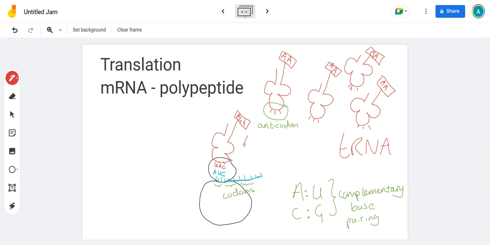So the next tRNA comes along and it binds to these three, and it carries with it another amino acid. And what happens is that these amino acids at the top here join together, just as we've learnt amino acids join together in topic 1, they join together with a peptide bond.